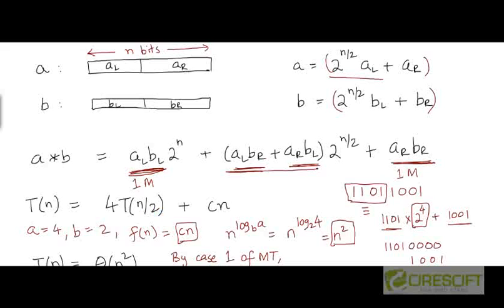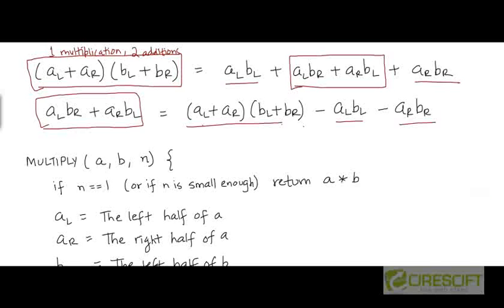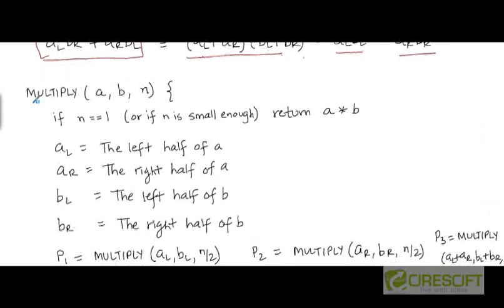Let's look at what the algorithm is. Let's look at the pseudocode. So we want to multiply these 2 numbers A and B, which have a length of n. If one of them has a length of n and the other one has a length less than n, we can always pad the shorter number with zeros on the left.